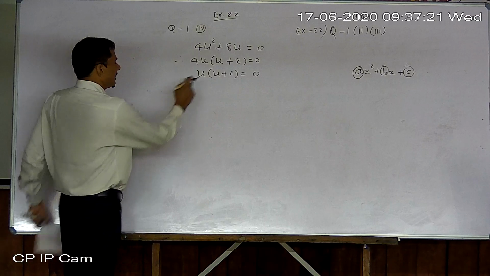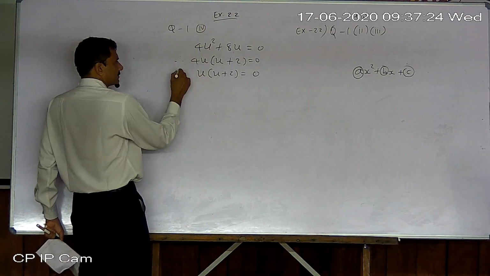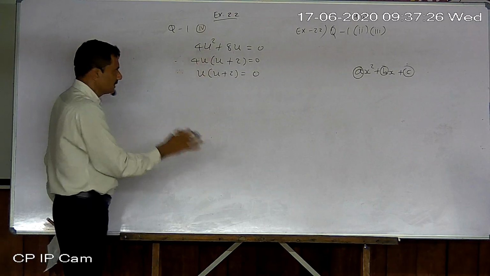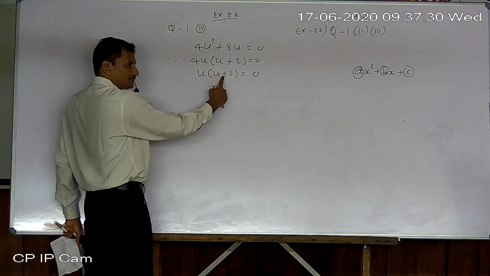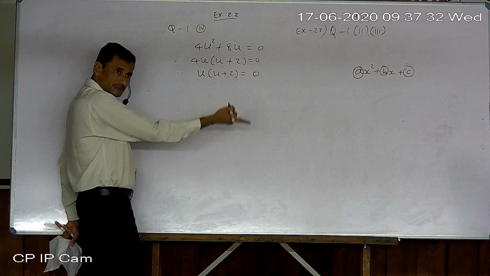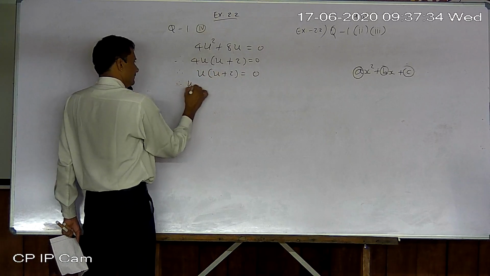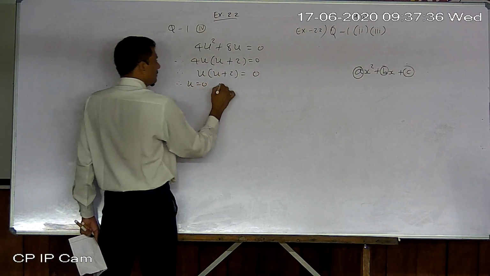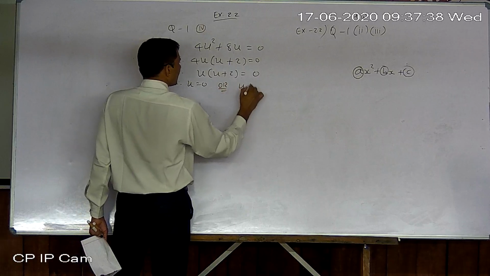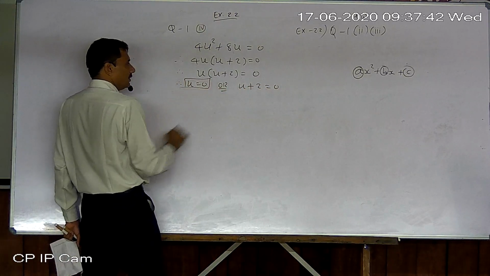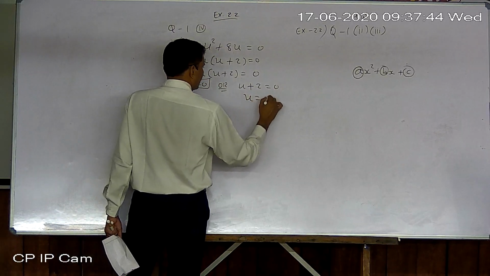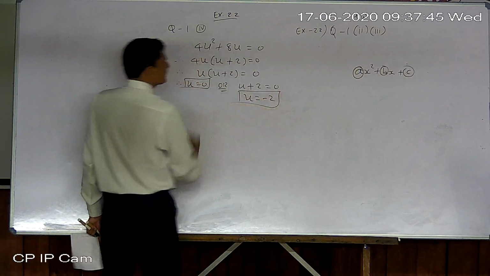Now look, here again there are 2 factors. So without the factorization process, we got 2 factors. First is u, second is u plus 2. U multiplied by u plus 2. So either the first factor equals 0 or the second factor equals 0. The first we already got, the second is u equal to minus 2.